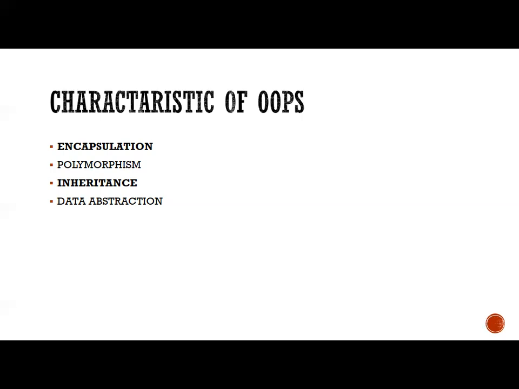Okay, so now in today's session we will consider the characteristics of object-oriented programming. The four major characteristics are encapsulation, polymorphism, inheritance, and data abstraction. Encapsulation is the wrapping of data and function together into a single unit.